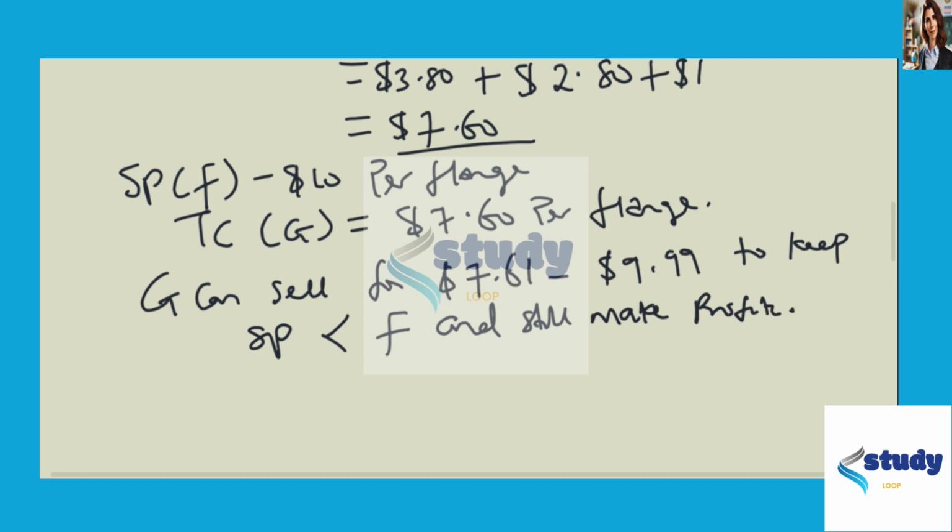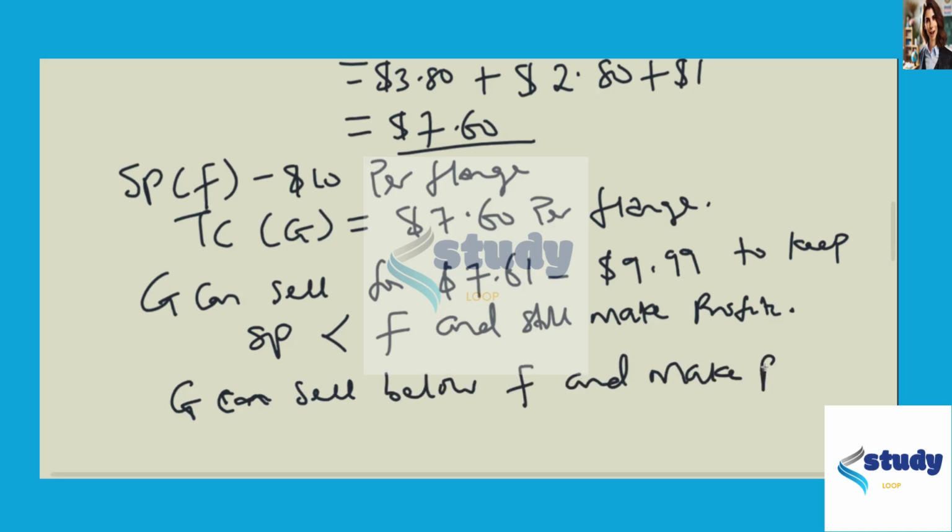So company G can sell below company F and still make a profit on the flanges.